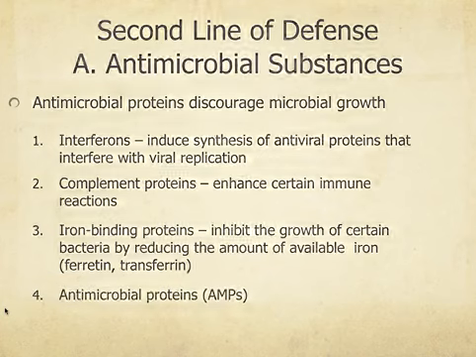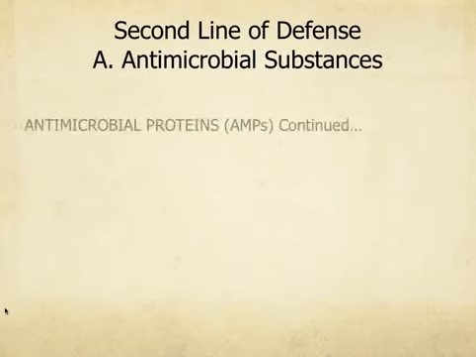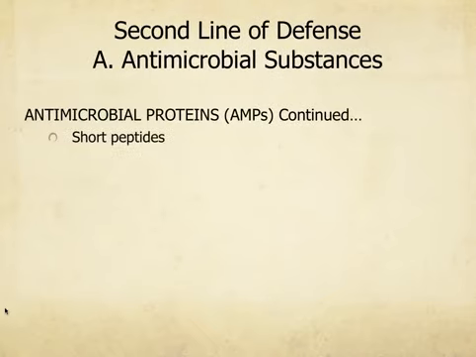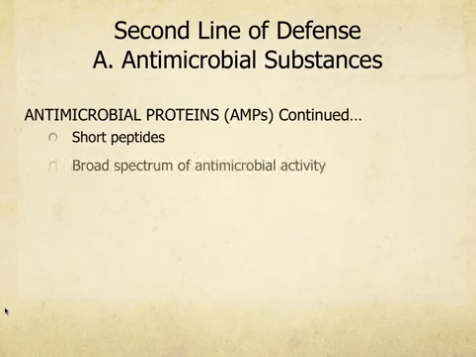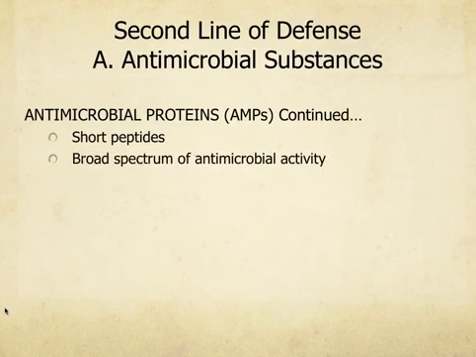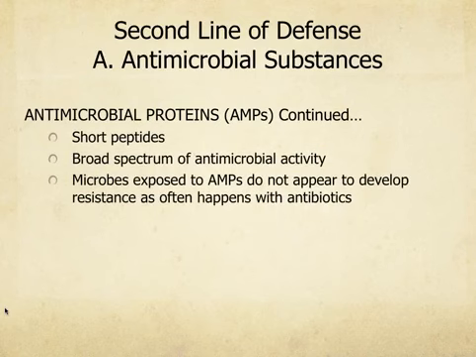And then we have antimicrobial proteins. So just these antimicrobial proteins in a little bit more detail. They're very short peptides and they have a broad spectrum of antimicrobial activity. And what's interesting is, the difficult thing with microbes is that they can quickly evolve to have immunity, right?